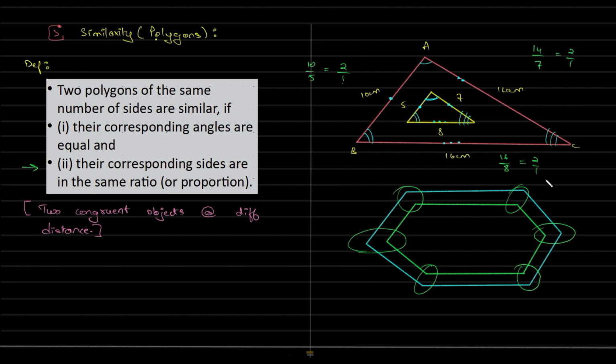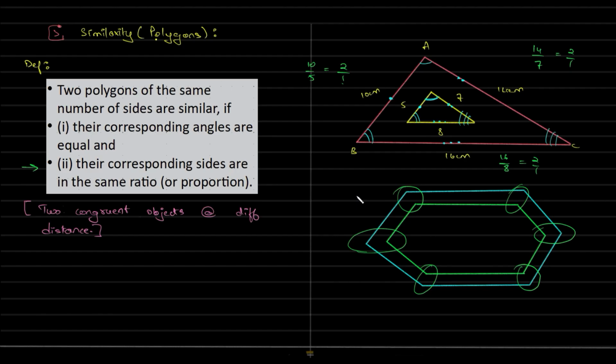So look at the ratios, they're the same, is it not? So corresponding sides are in the same ratio. This is what they're talking about. If I know which two sides are corresponding, and I take their ratios, all of these ratios will be equal to each other, given the figure is a similar triangle. Or if we can tell that the side ratios are the same, then the figures are similar.